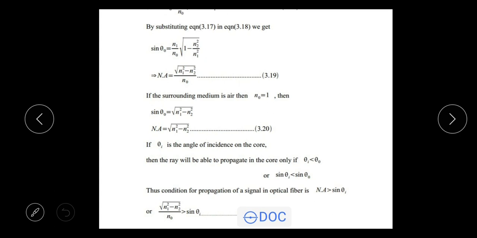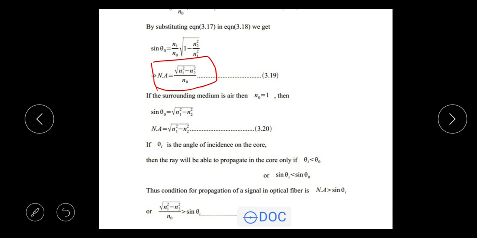So sin theta naught is numerical aperture, which is written as N.A. That is equal to, in the square root here, take N1 square outside, it becomes N1. So we can cancel N1 in the numerator and denominator. We get equation 3.19, which is the equation for numerical aperture.